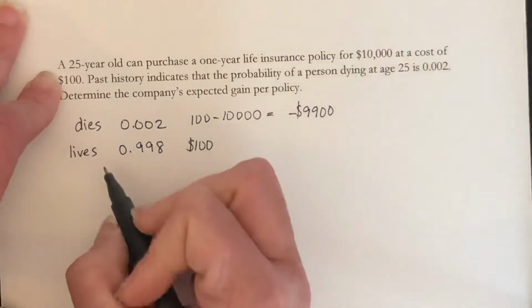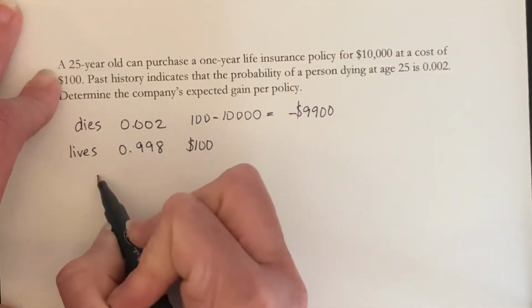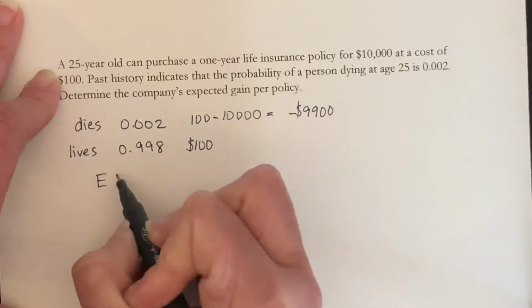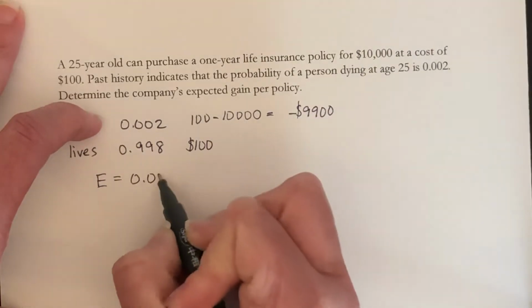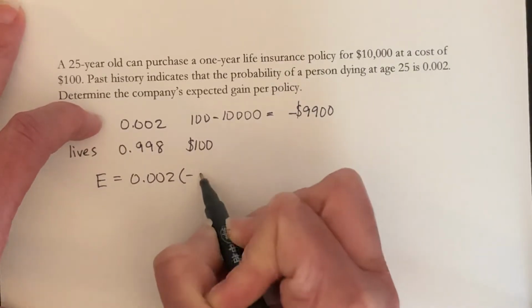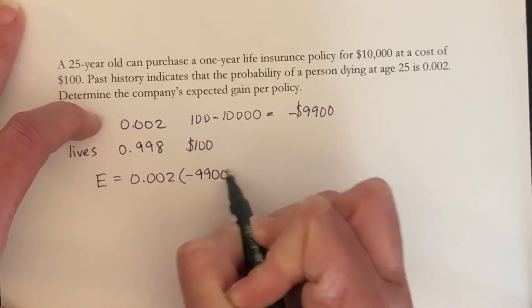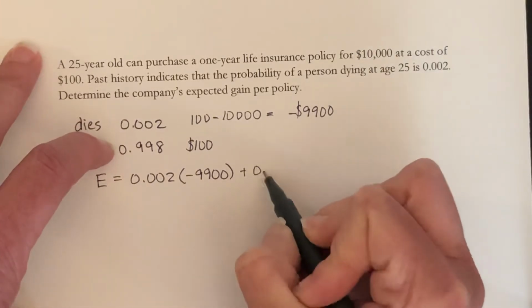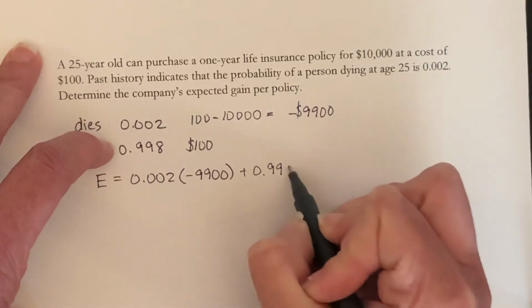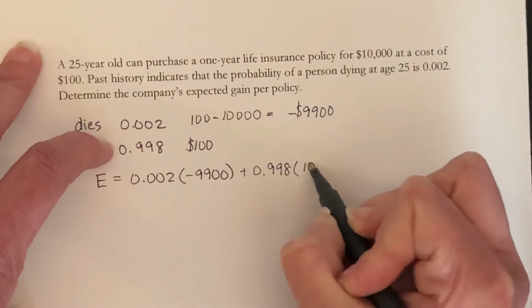Okay, so what is the expected value on this? The percentage times the amount, so 0.002 times negative 9,900 plus the probability times the $100 profit.